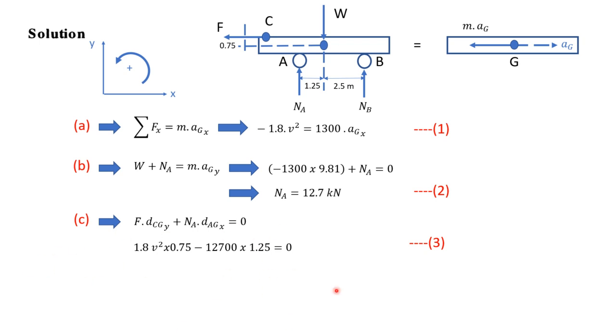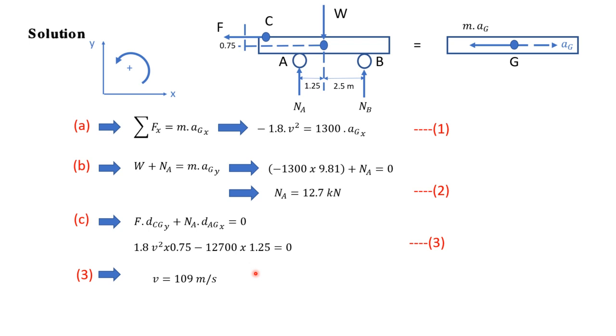Now, what we have unknown in this equation is just the V, so we can find that by solving. We're going to get that the V squared is equal to 12,700 multiplied by 1.25 divided by 1.8 times 0.75. So we can find the V by taking the square root, and we should get 109 meters per second.